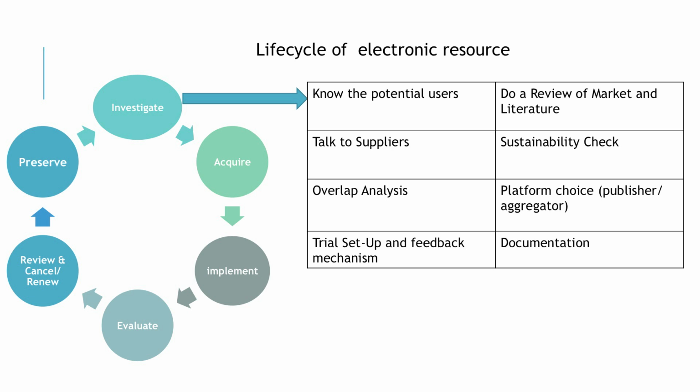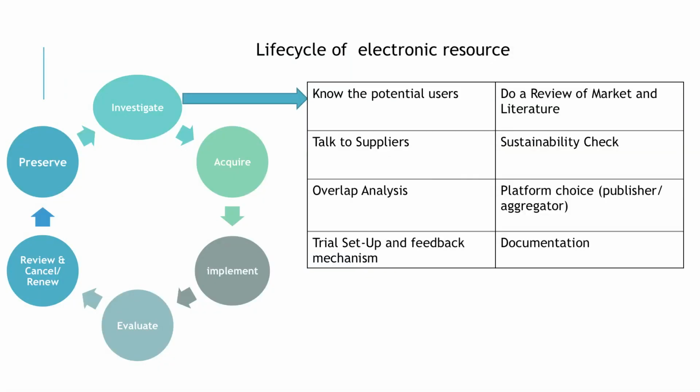In investigation, we do all the processes and procedures and apply all the techniques before acquiring an electronic resource. For example, if we have to acquire any new electronic resource, then first of all we should know who is our potential user, for whom we are going to acquire the electronic resource.